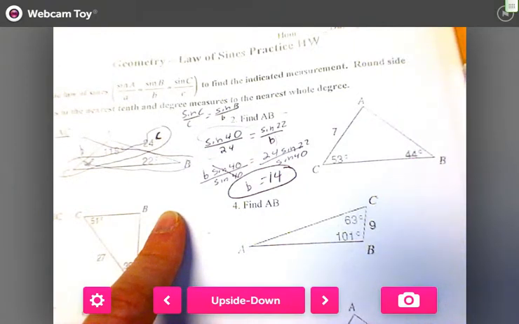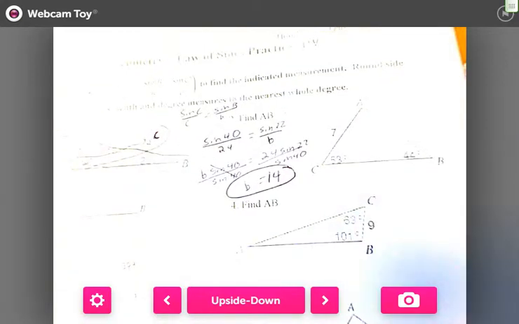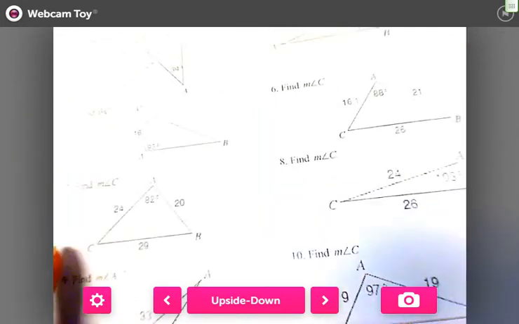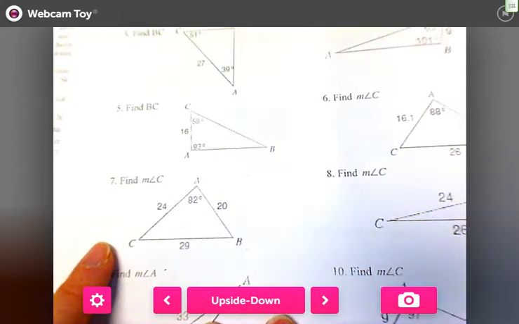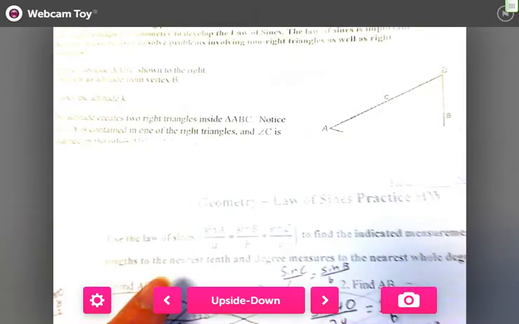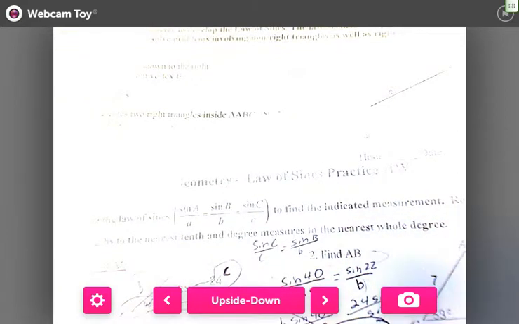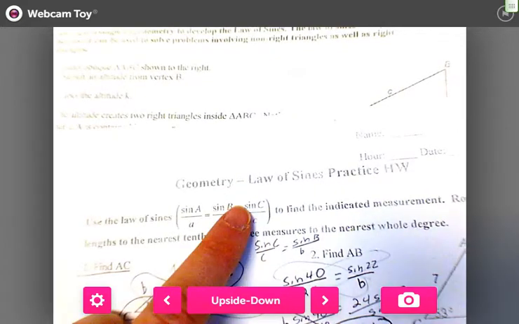Okay. All right, I want to do one where we find a degree. So let's go ahead and do number 7. We're going to go all the way down to number 7. It says I'm going to find C. So I'm looking up here at the top. Do you see where I have the sines and cosines equation? If I'm looking for angle C, I know I'm going to have to use C as one of them, right?